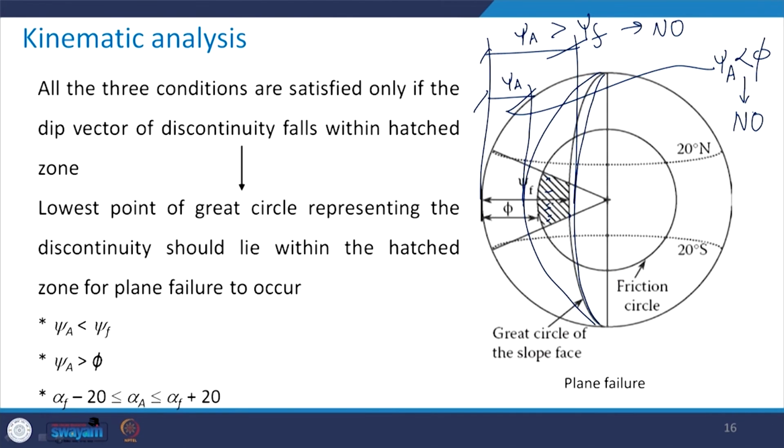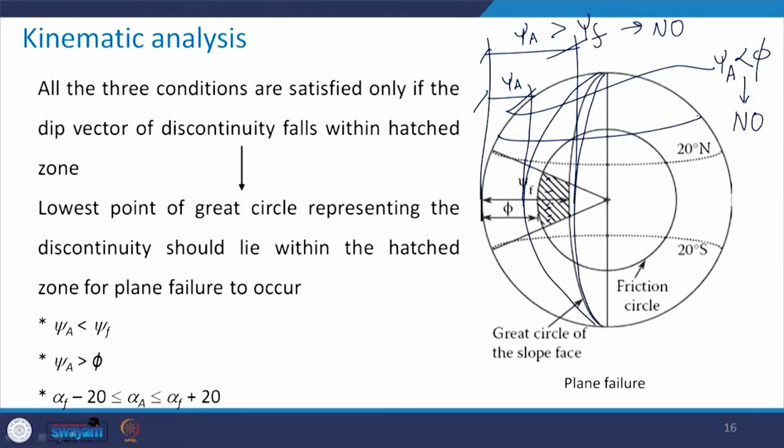Similarly, let us say the discontinuity is in such a manner that it is having a dip direction either here or here. So then in that case, this third condition will be violated and again there will be no plane failure.